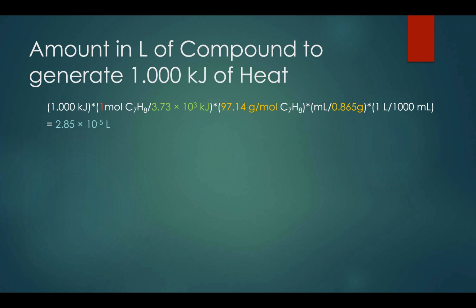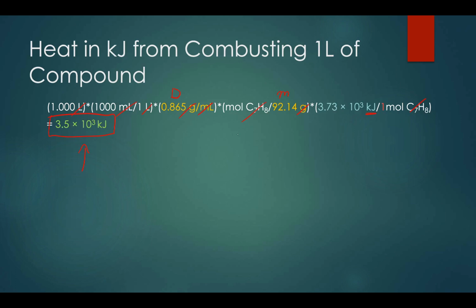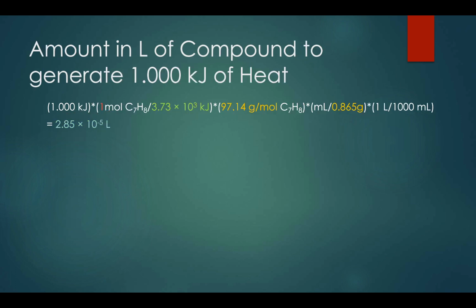And here's the amount of liters of the compound to generate 1 kilojoule of heat. So we get 1 kilojoule of heat multiplied by 1 mole of toluene, divided by, again, this is where we're getting this number 3.5 times 10 to the power of 3 kilojoules right here. So this cancels out kilojoules, multiplied by 92.14. This is our molar mass, divided by toluene.